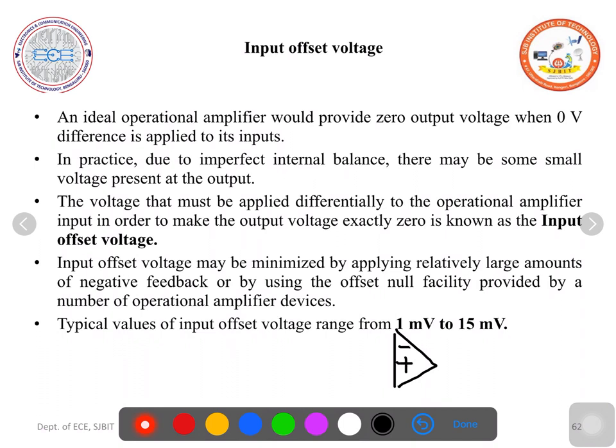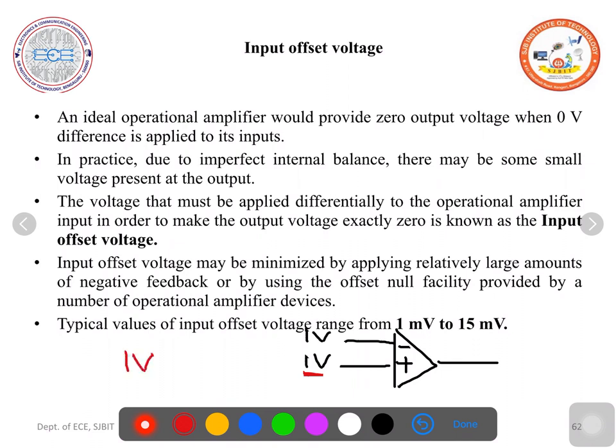Input offset voltage. So we'll go back to the symbol. This is the symbol of the operational amplifier: inverting input terminal, non-inverting input terminal, and here is the output terminal.